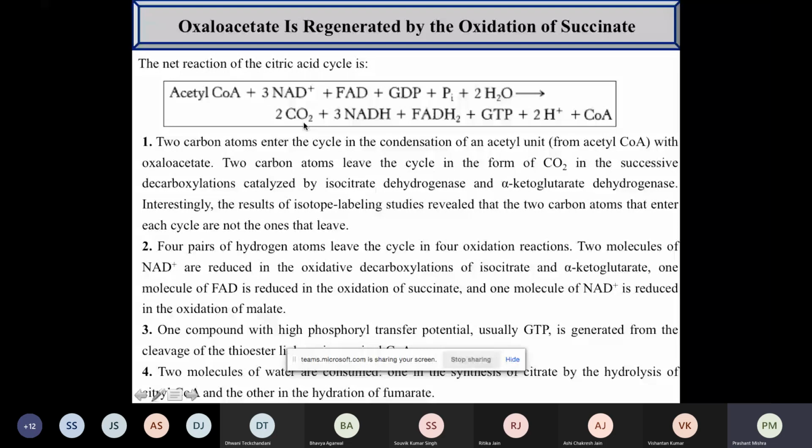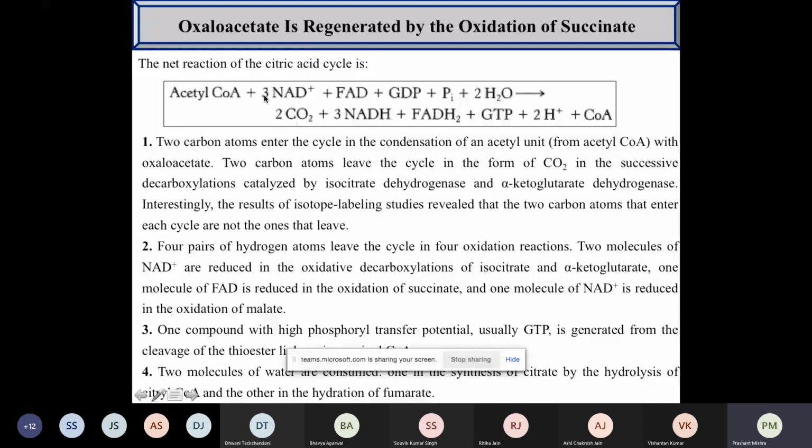What has happened? This acetyl CoA is more reduced than carbon dioxide, and that's why this is an oxidation process. So overall in the citric acid cycle, the 2 carbon molecule which enters as acetyl CoA has been converted into 2 carbon molecules as carbon dioxide.